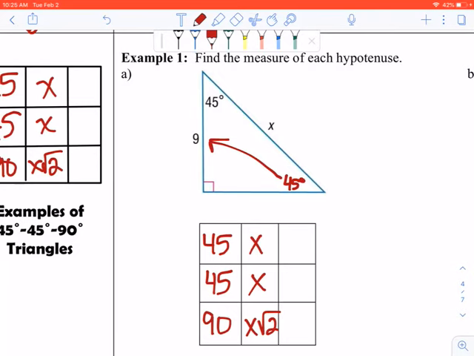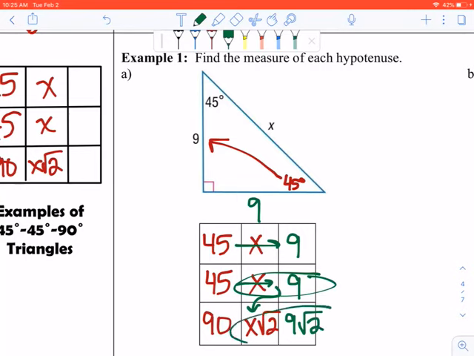I know across from the 45-degree angle is 9, so that's going to go across from 45 in my box. So I know that the x is 9. That means this one is also 9 because they're the same, so this leg is also 9. Now I know that x is 9, so all we have to do to find the hypotenuse is take 9 times root 2.